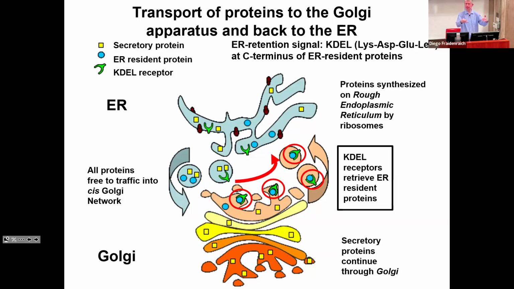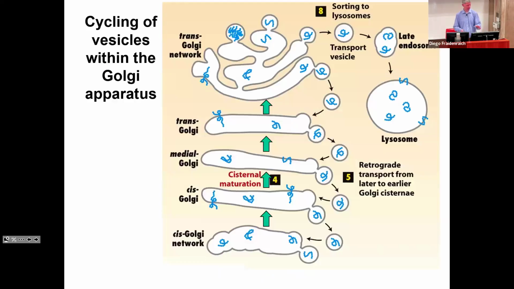It's briefly leaving, and then by signal it's moving back to the ER. Okay. Cycling of vesicles within the Golgi apparatus is again going either cis-Golgi network, medial, trans-Golgi network, or the other way, retrograde transport.